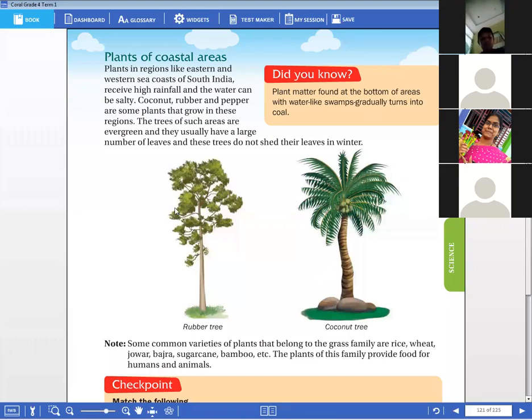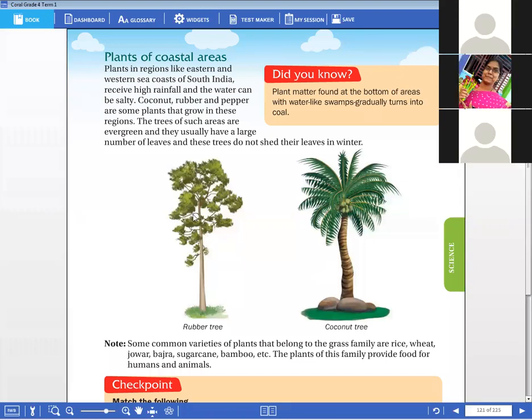This is just a picture of a rubber tree they have given here. And pepper. What is pepper, children? Pepper is nothing but mirialu. It is one of the trees grown in these coastal regions, children.